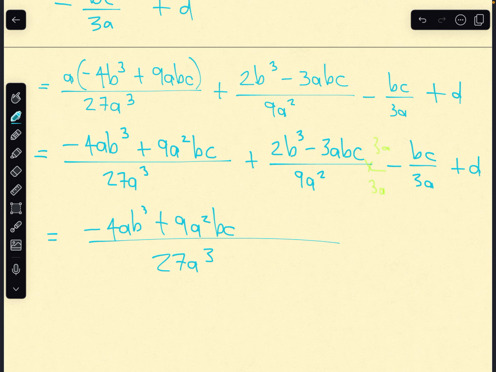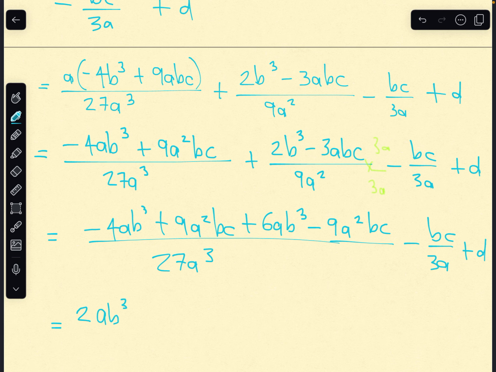So that will be 6ab cubed minus 9a squared bc. It's already looking so interesting. So this is now going to be 2ab cubed, right?